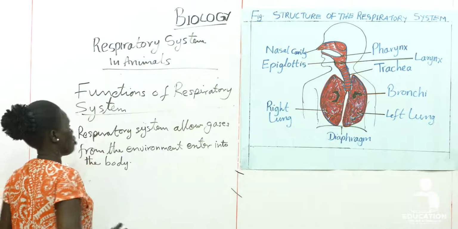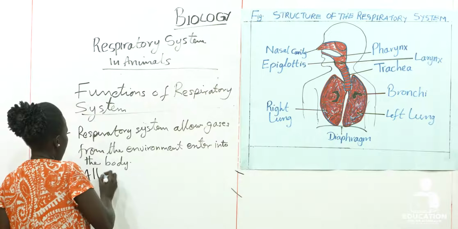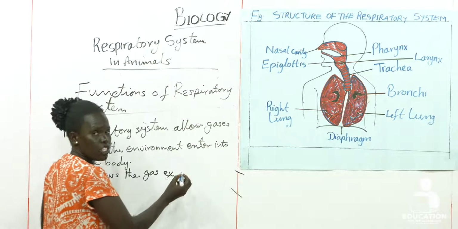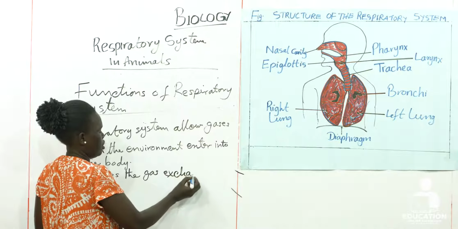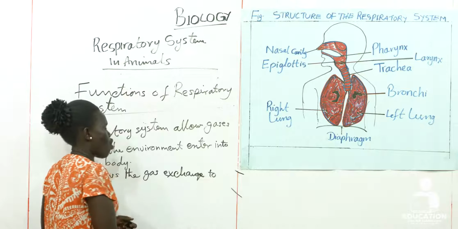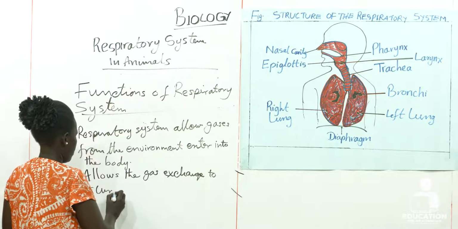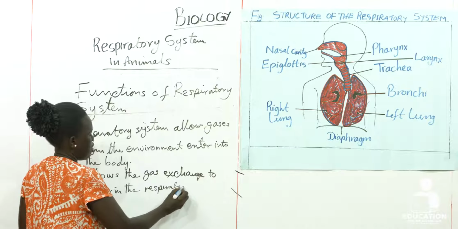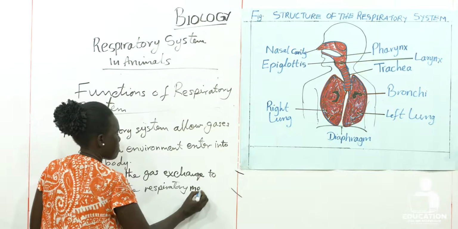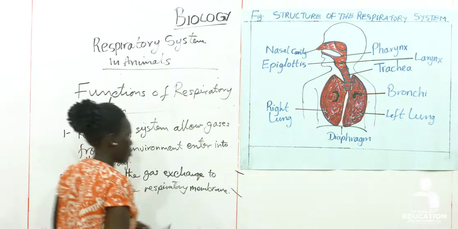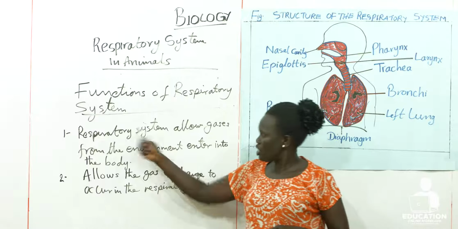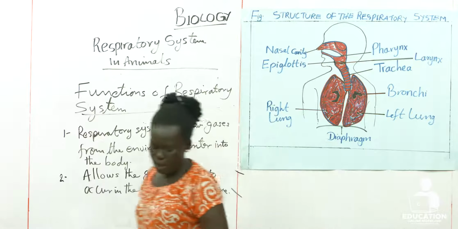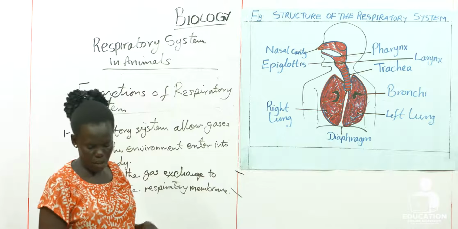This function number 2, respiratory system allows the gas exchange to take place, to occur in the respiratory membrane, so that oxygen diffuses into the blood and carbon dioxide diffuses out of the blood.